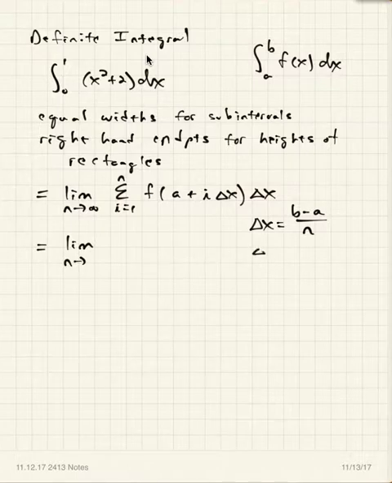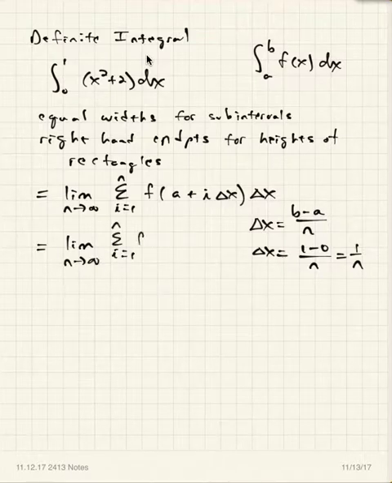First of all, we would calculate delta x in our problem to be 1 minus 0 divided by n, or 1 over n. And so this would be the limit as n goes to infinity of the sum as i goes from 1 to n of f of a, which is 0 in our problem, so 0 plus i times delta x, and delta x is 1 over n, and then delta x is 1 over n right there also.